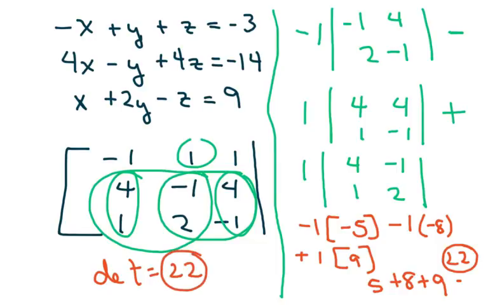Now we fill in everything else, and I'm going to have to keep looking back and forth here. So let me find the problem. All right, so is this the one? Yeah. All right, so here we go. We know our answer is 22. So for X, we're going to plug in our Y's, which is 1, -1, 2, and my Z, which is 1, 4, and -1.